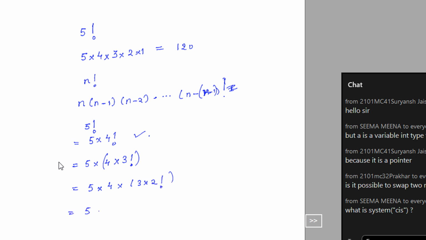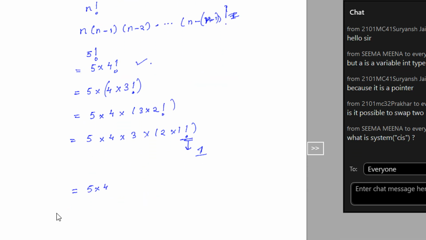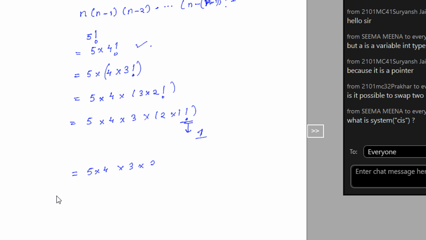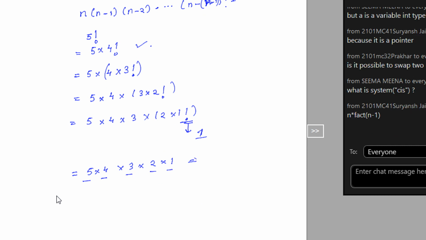How can I write 2 factorial? 2 into 1 factorial. Now we know that 1 factorial is 1. So basically 5 into 4 into 3 into 2 into 1, which is equal to 120.